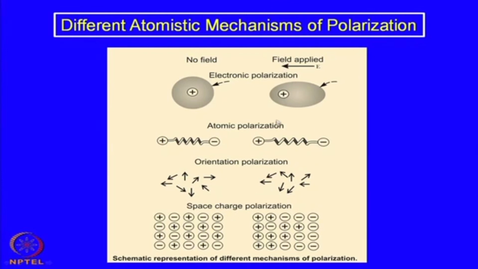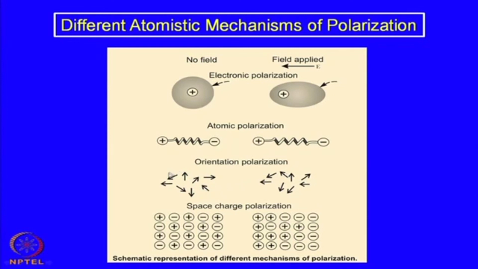However, when you apply an electric field, they try to align themselves, because they have a dipole moment, they have a particular direction in which they want to remain, and if you apply an electric field from outside, they try to align themselves along the field direction. Not all of them may completely align, they may not come parallel to each other, but depending on the applied electric field, they will tend to come parallel to the electric field. So, consequently, there will be a change in the overall dipole moment.